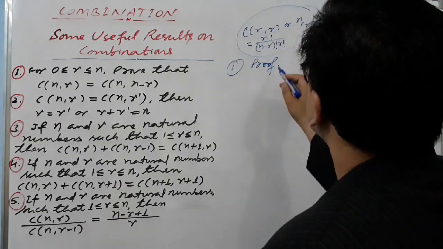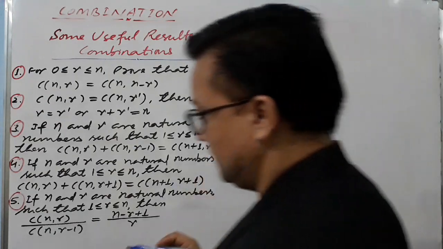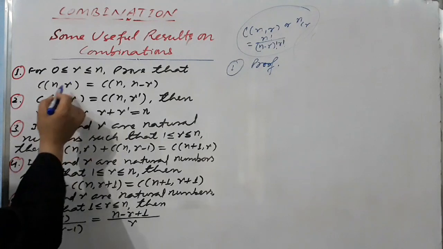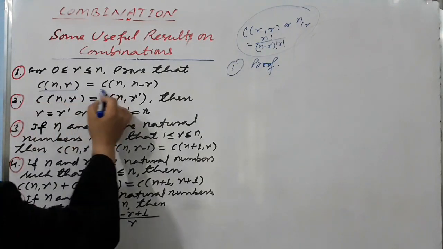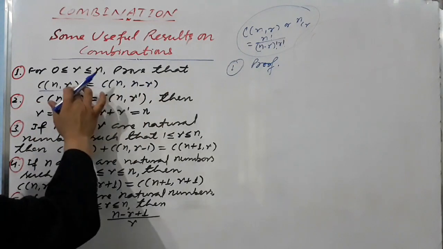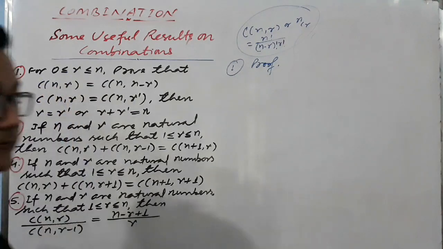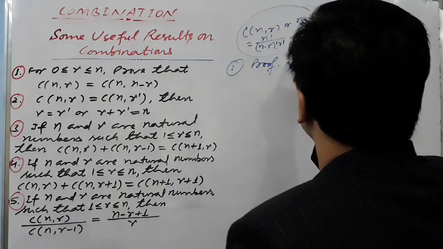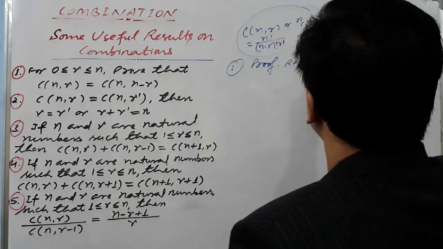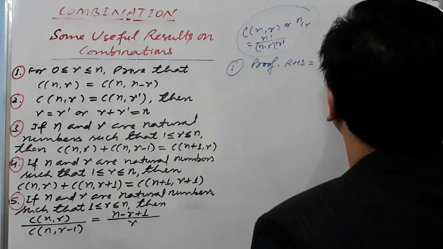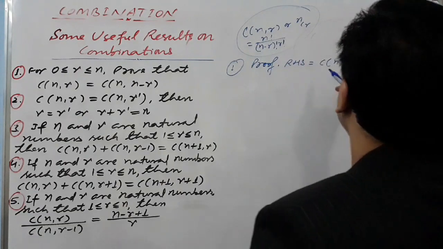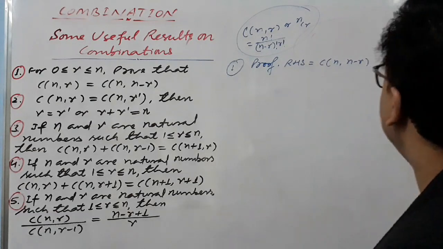Proof. Here, this is your left hand side and this one is your right hand side. Now I'm going to take the right hand side. Your right hand side is equal to C of n comma n minus r, or you can say nC(n minus r).